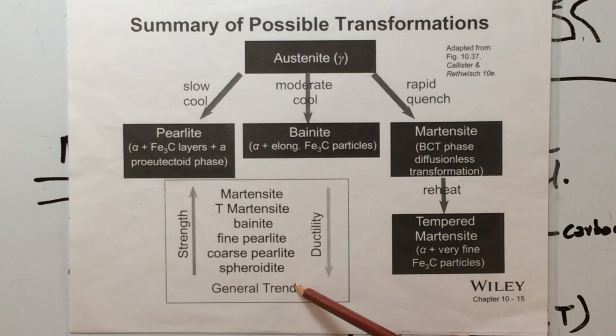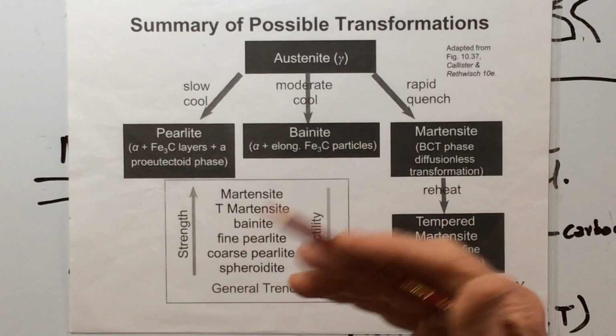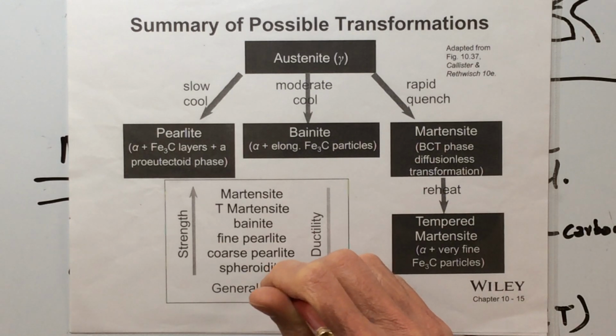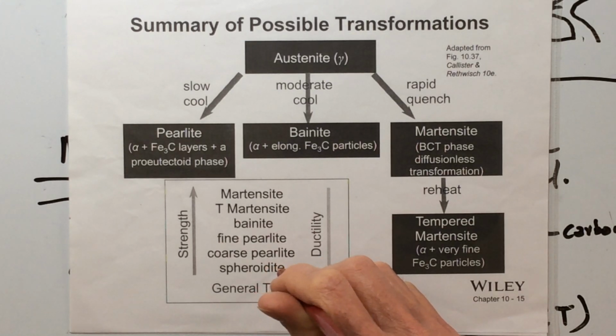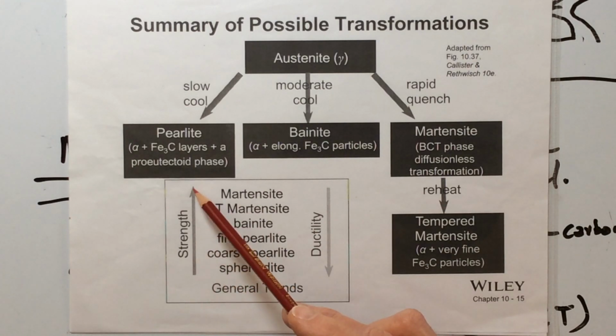Now here's something to realize real quickly. These are the general trends. Starting with spheroidite, which is that really soft material where you just soak it just below its A1 line for a great period of time, it becomes very soft, very ductile, very formable, very machinable. But if you go from here to coarse pearlite, fine pearlite, bainite, tempered martensite, and martensite, as you go up, strength is increasing.